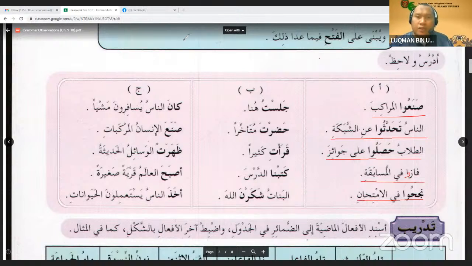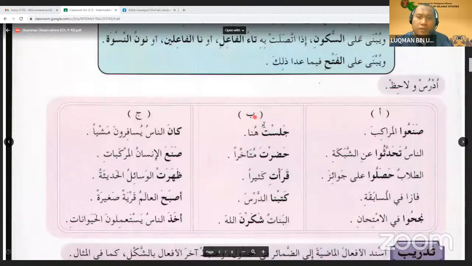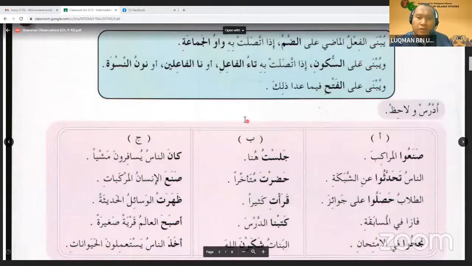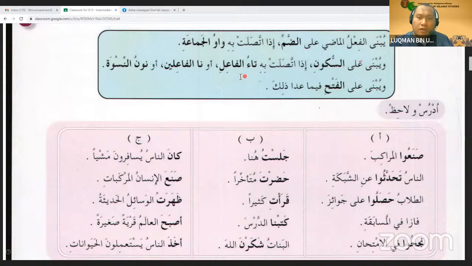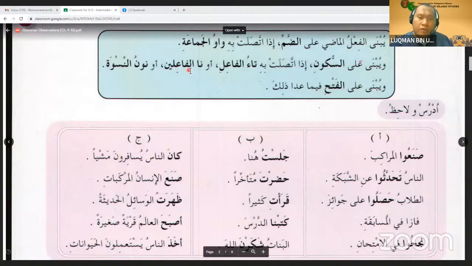Now we will proceed with the مبني على السكون. So it is fixed upon sukun. It is fixed upon sukun if it is connected with the doer ta, the doers na, and the female plural nun.